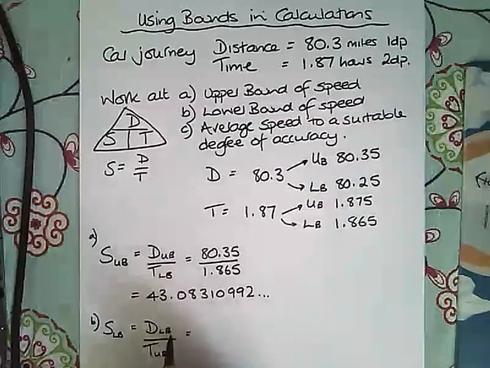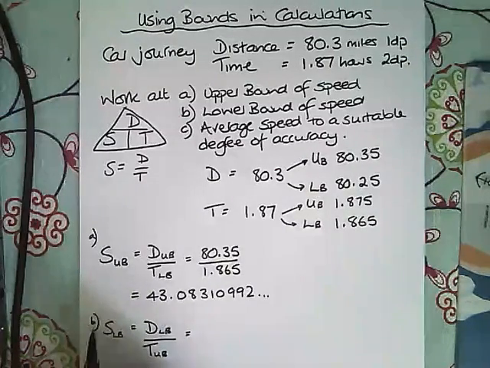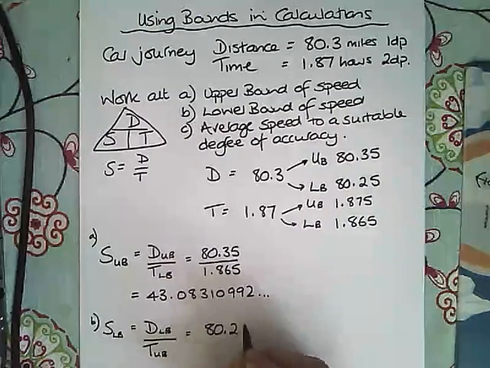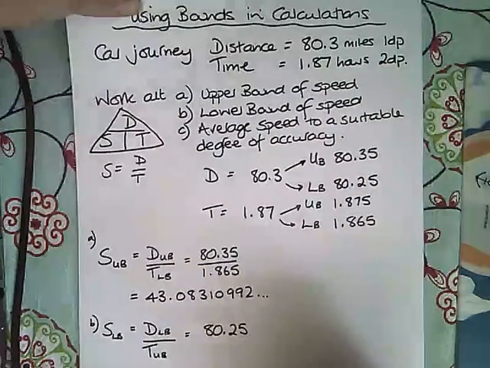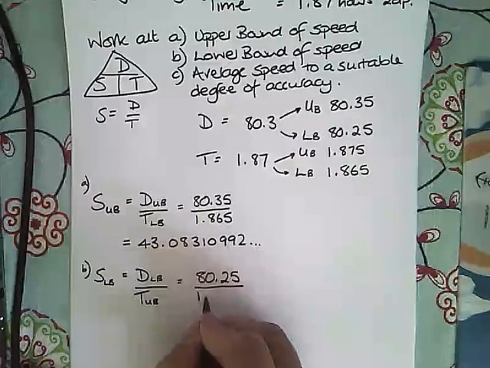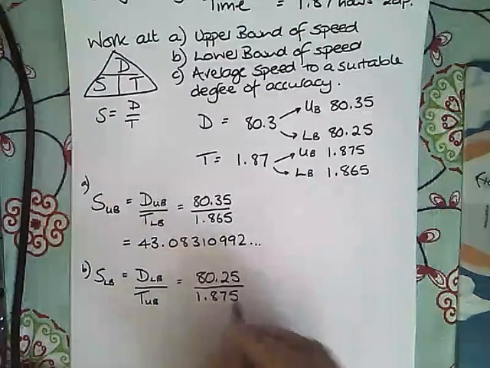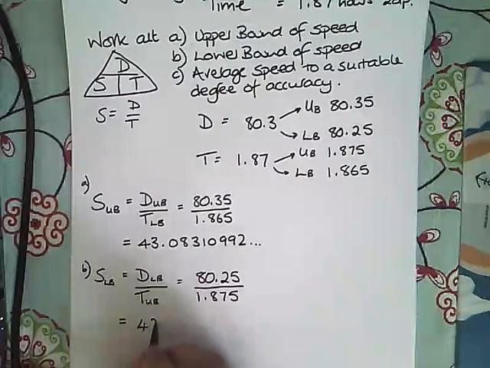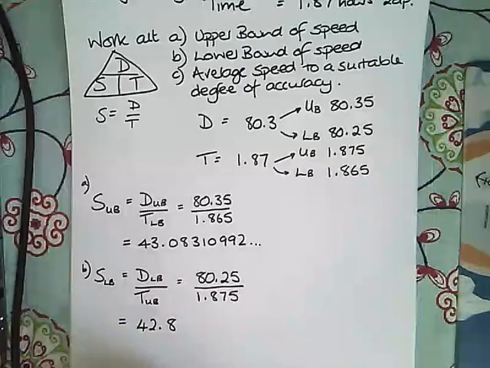The smallest distance divided by the largest time would give us the smallest speed. So that would be 80.25 divided by 1.875, and on your calculator that comes out to be 42.8. Okay, so that's part A and part B.